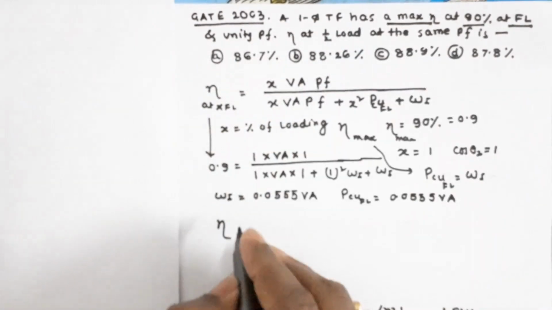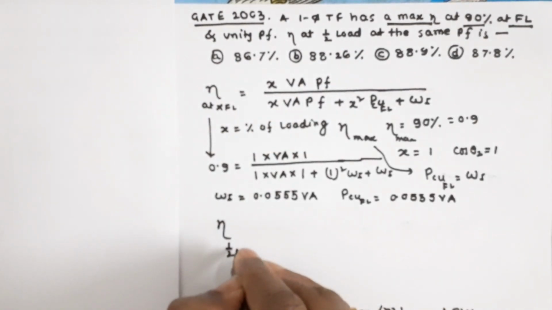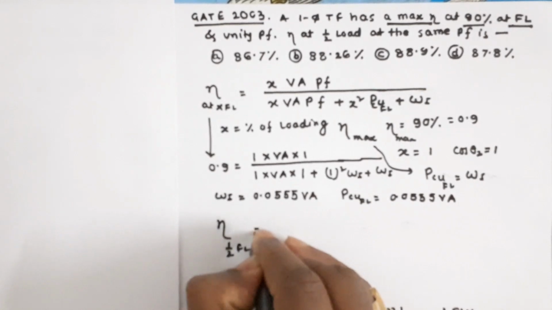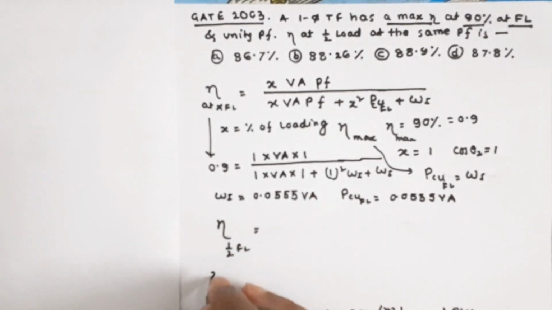Then we have to find out the efficiency at half load, half of full load. That means the value of X equal to half.